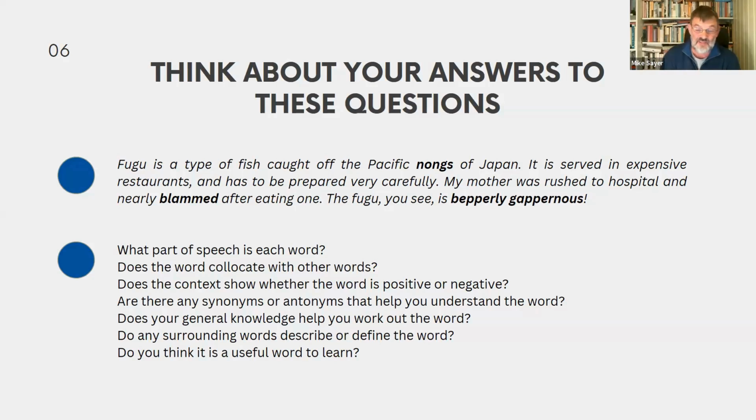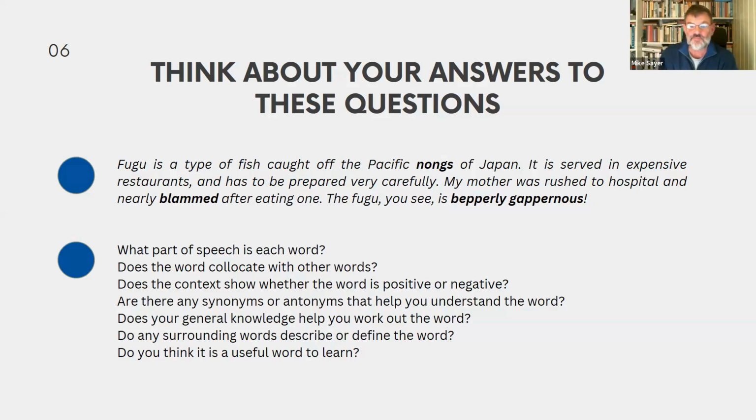And I think that most intermediate students would work out that "nongs" probably means something like shoreline or islands, or the actual word that comes in the original text, which is coasts. So although they won't be able to guess the exact word, that doesn't matter. They can get enough idea there not to be blocked by that word.